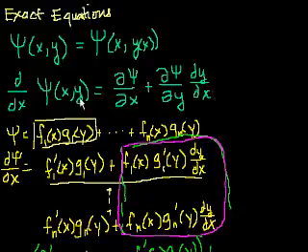If y was independent of x, then dy/dx would be 0, and this term would be 0, and the derivative of xi with respect to x would be just the partial of xi with respect to x.